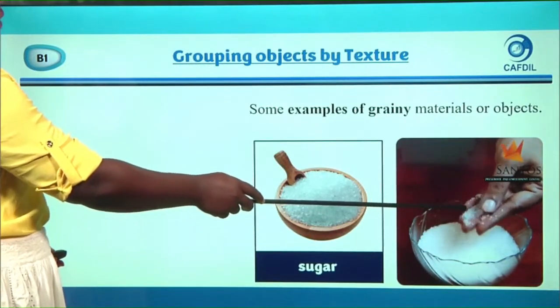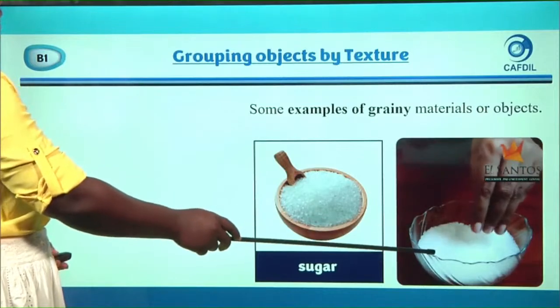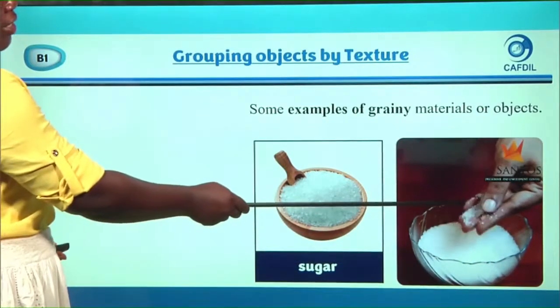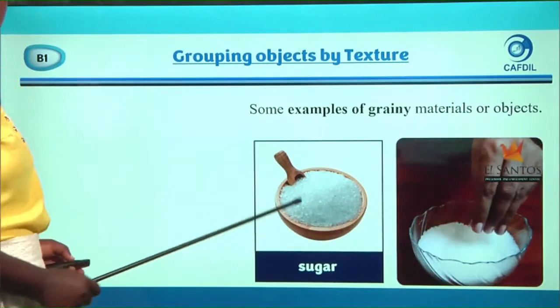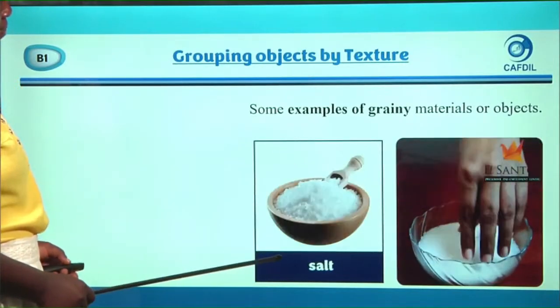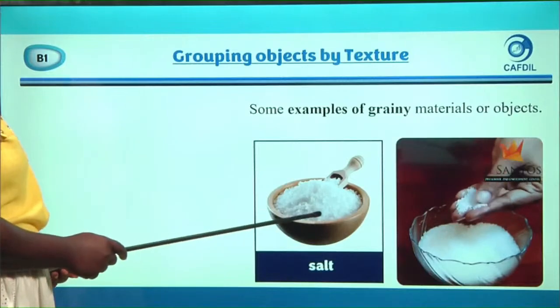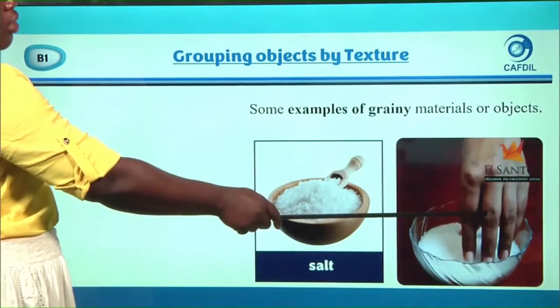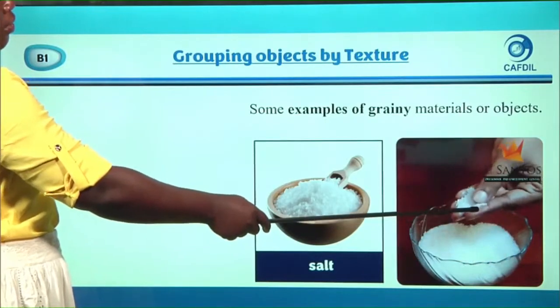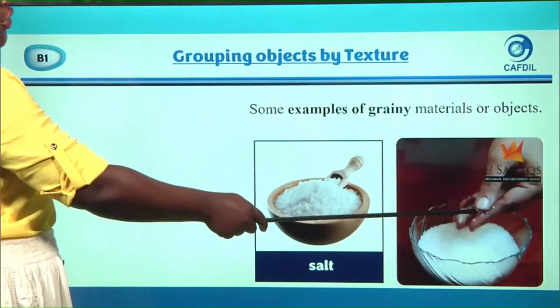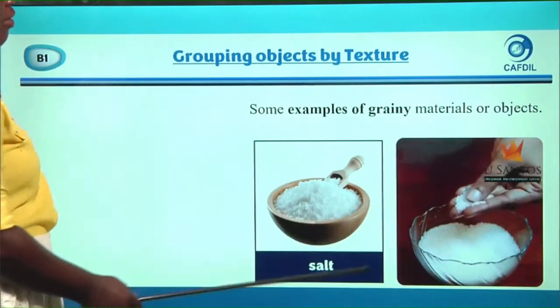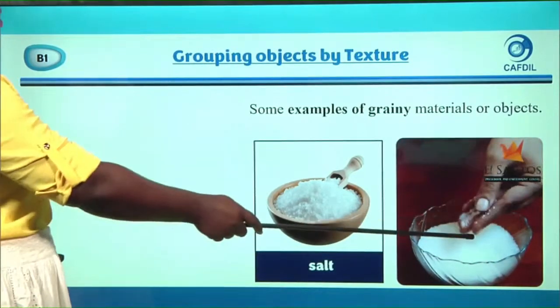Let's feel the sugar. The sugar is grainy. I hope you can see it's grainy. Good. Salt. Let's feel the salt. The salt is very grainy. I hope you can see it.